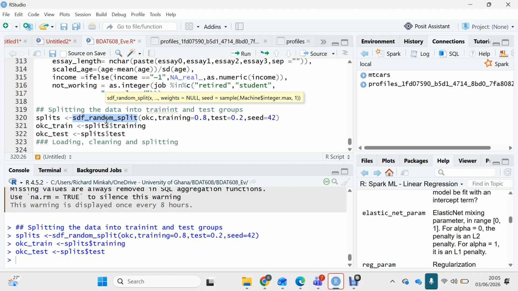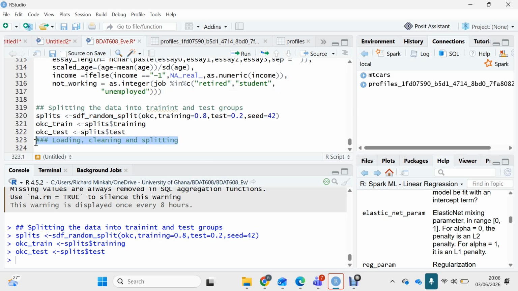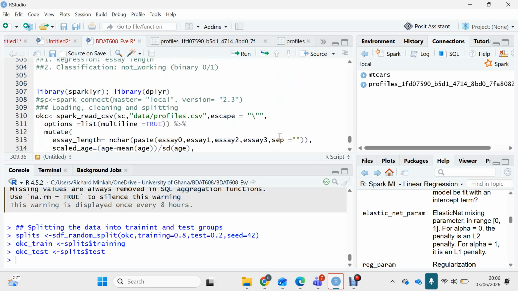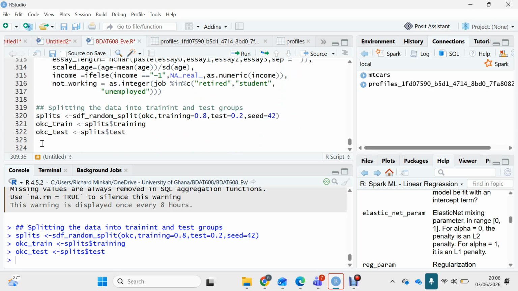So what we want is ML linear regression. So there it is, question mark. The first time you use any function, do question mark and look at the way it is used. So you perform regression using linear regression, and it is Spark ML.